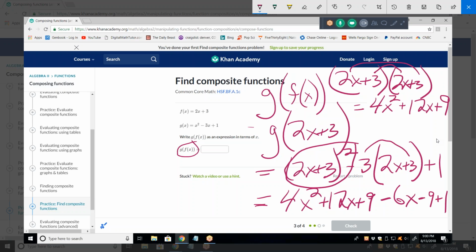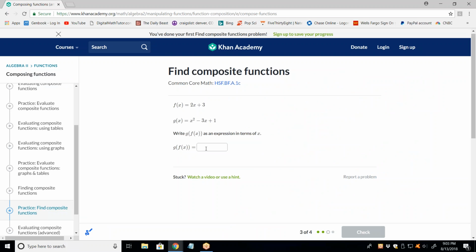Now I can see that 9 crosses out with that 9. And we end up with 4x squared, plus 12x minus 6x is plus 6x, plus 1. Here's our answer, 4x squared plus 6x plus 1.